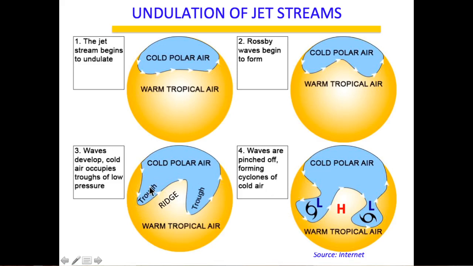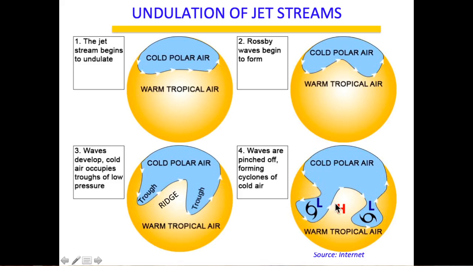And as this instability keeps growing, the parcels break. So this blob of air breaks down into a low pressure and a high pressure, and these low pressures and high pressures are the ones which govern the weather. Initially there is a trough and a ridge formation, and if the instability sustains for a very long time, then the waves pinch off from the parent parcel, this big blob.